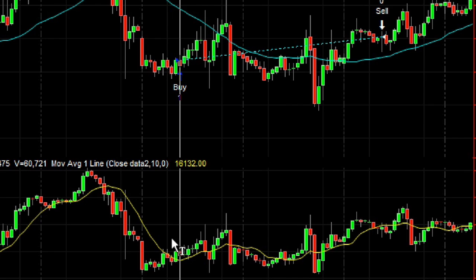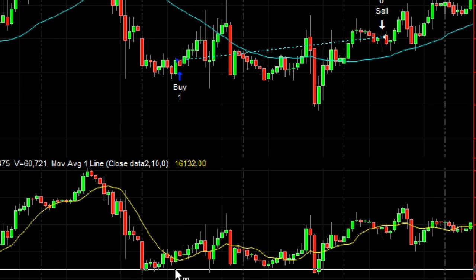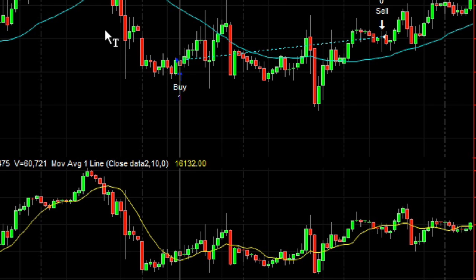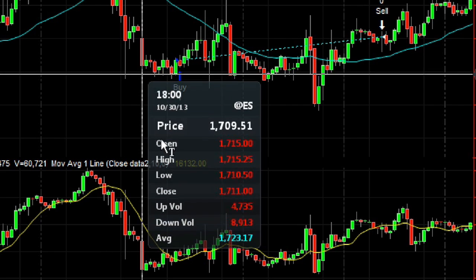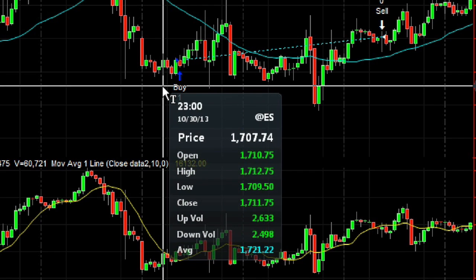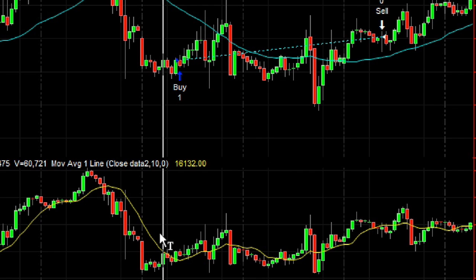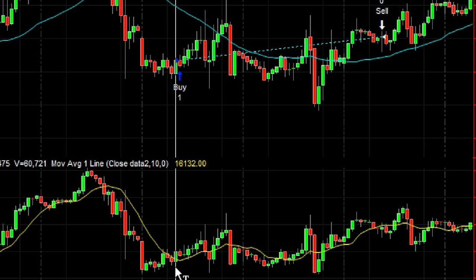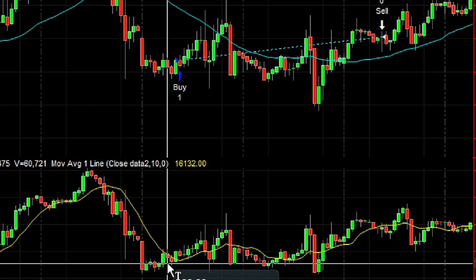Now, why did we go long down here in the ES market? Well, if we take a quick look down here at the YM, we can see that the ES and the YM have both been in a severe downtrend for several hours. And what we're going to look for is the first bar to close above its moving average on the Dow.